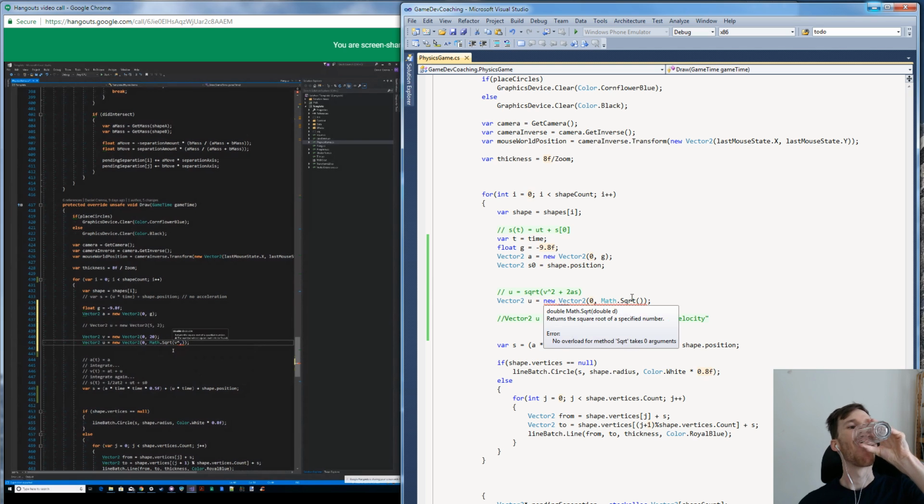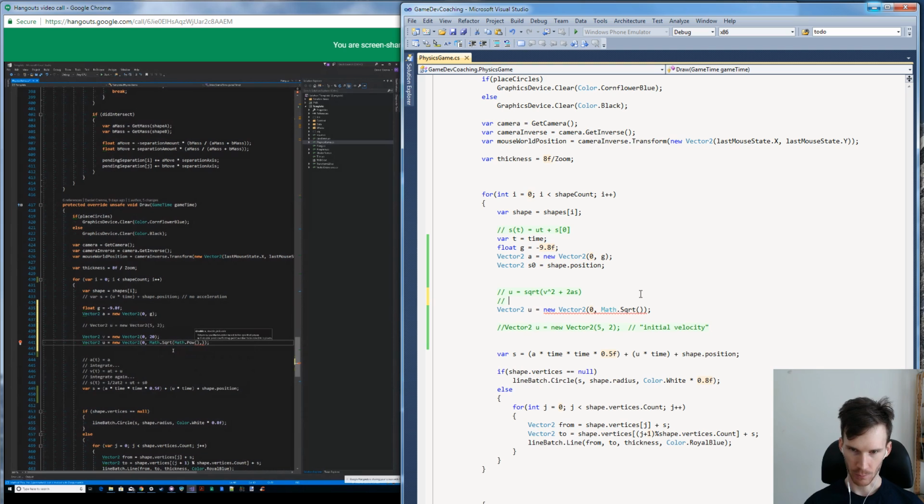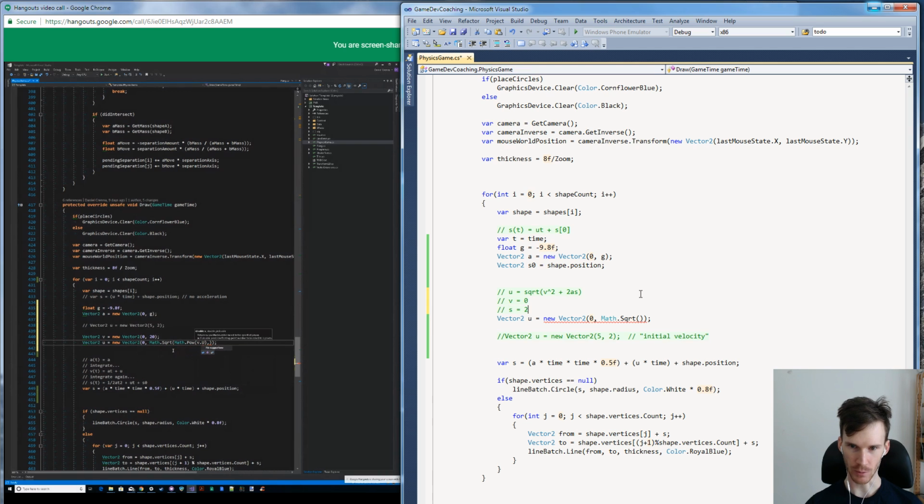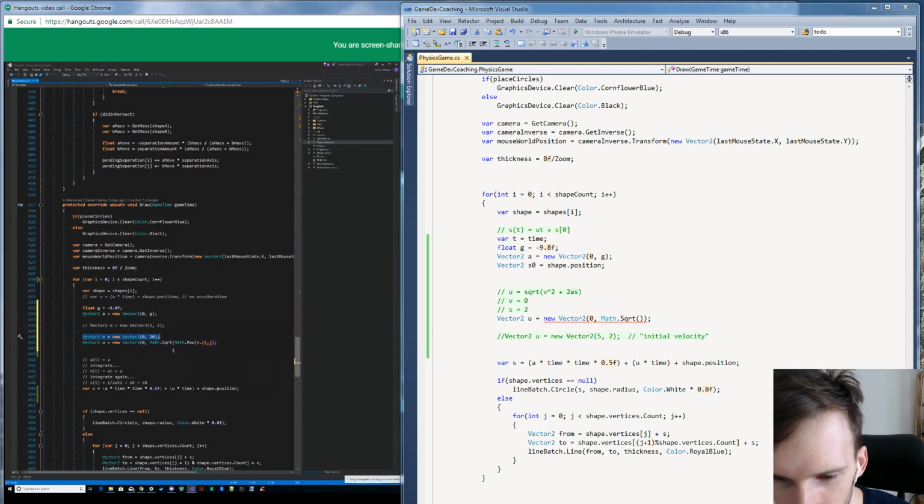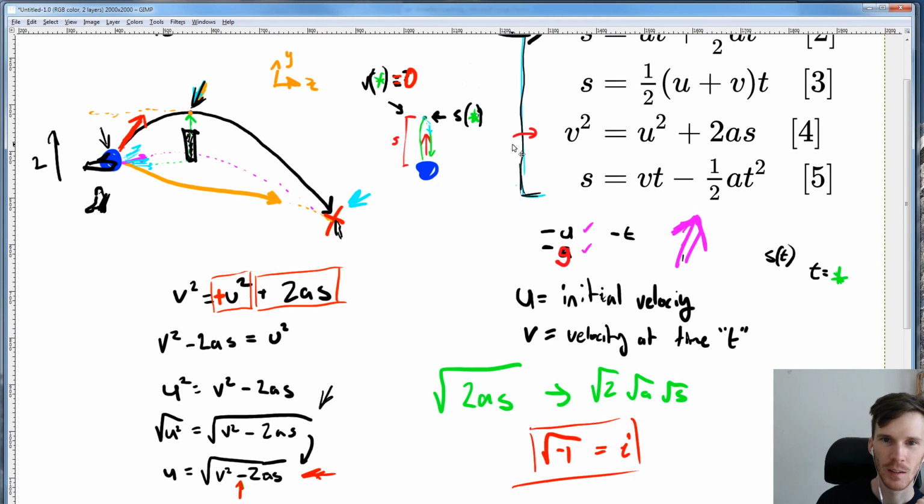Wait, how do you do that? Oh no, it's math pow. So what we've just determined is v equals 0 and s equals 2. Sorry, how did we decide v is 0? I thought we arbitrarily... Oh, that's the target. The target is 0. Yeah. And then we've got our 2 over here.